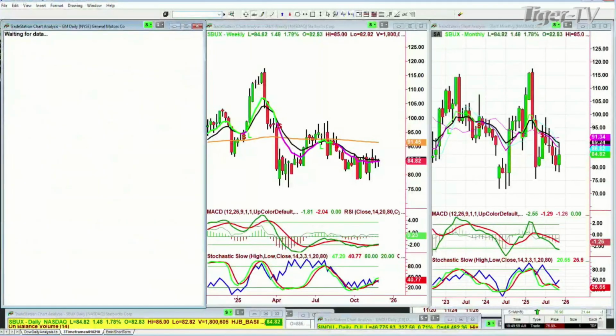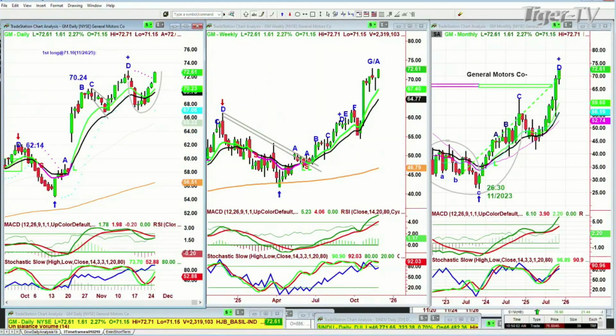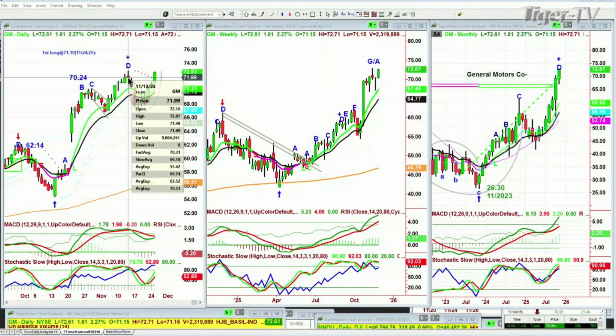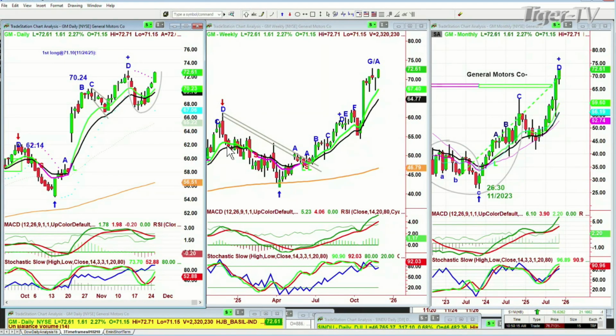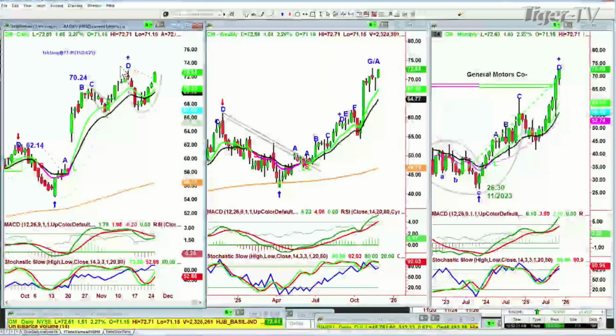There is a chance that General Motors, if it breaks significantly above this high right here of 72.87, all-time high, because you remember it's a brand new position from 2008 where it got taken out and reconfigured, let's put it that way.